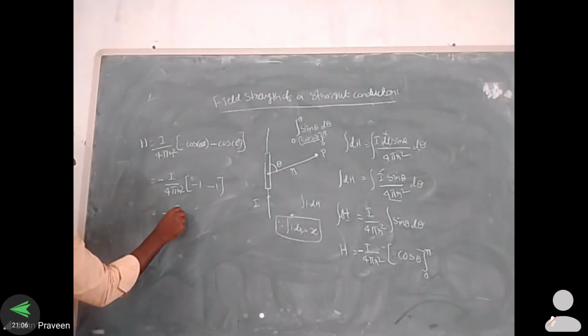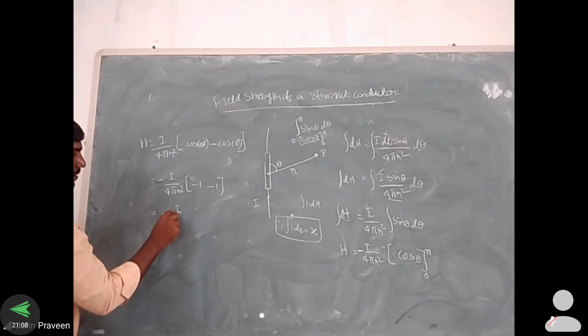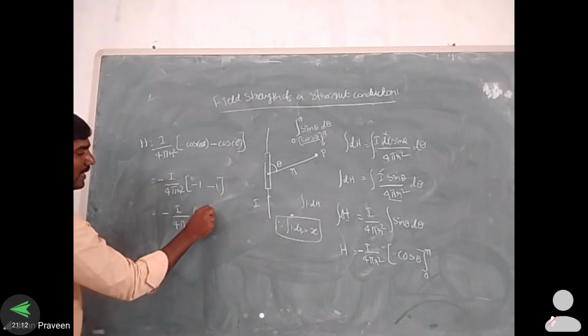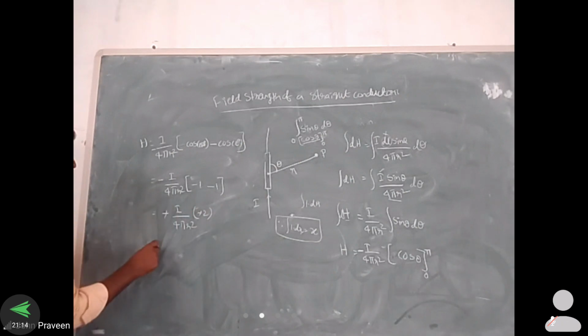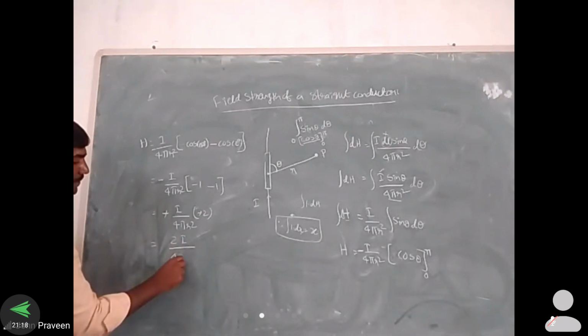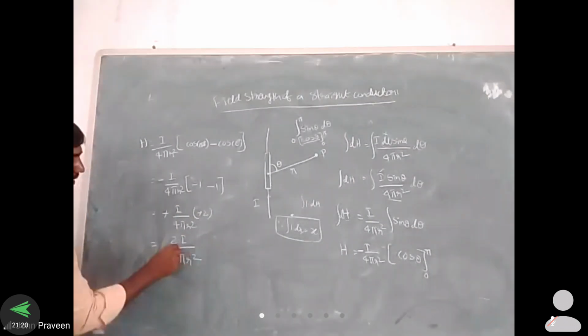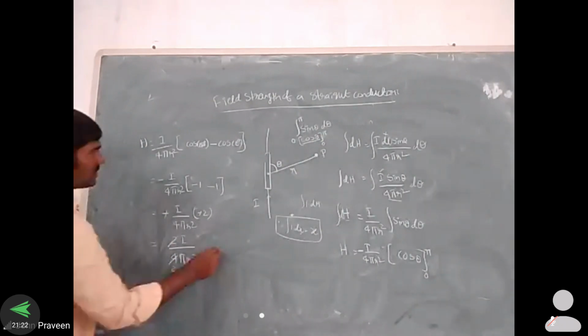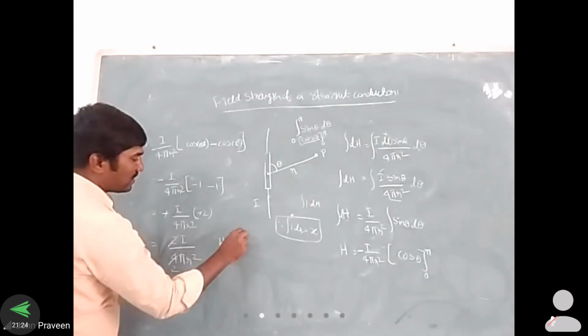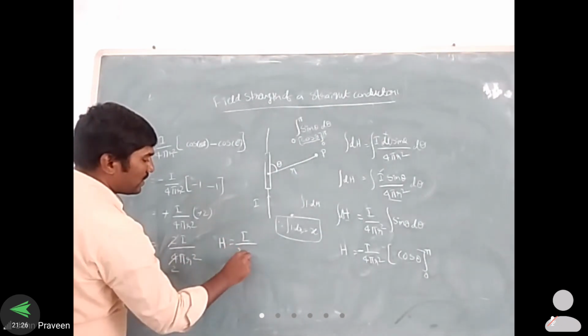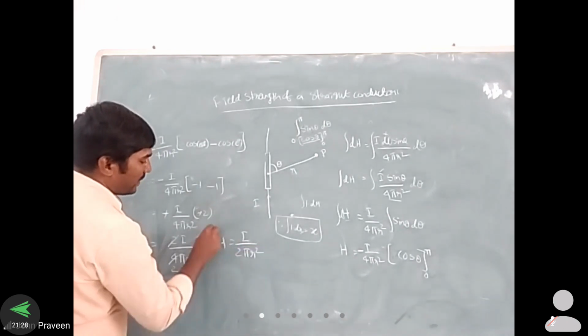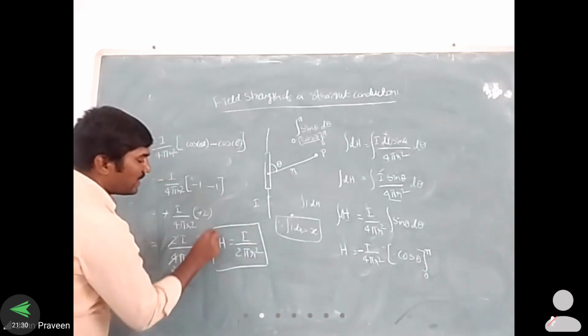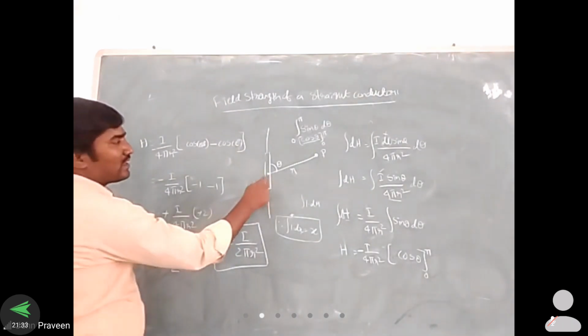So we have minus of I by 4 pi r square into minus 2. Minus and minus cancel, so we get 2I by 4 pi r square. 2 cancels with 4, so H is equal to I by 2 pi r square. So this is the field strength of the given conductor.